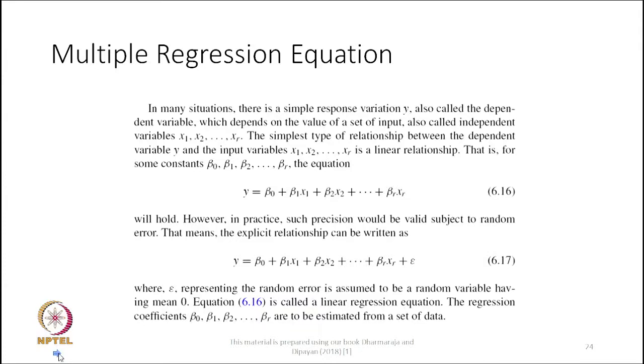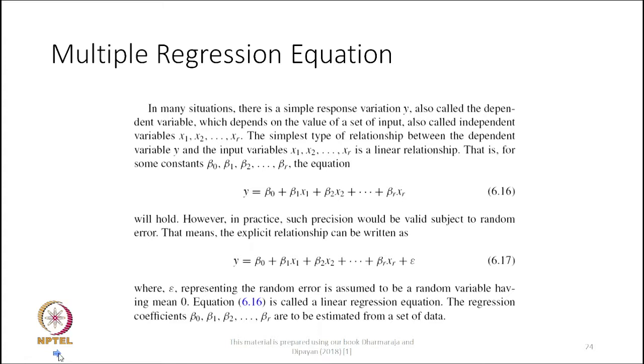Now, we discuss the multiple regression equation. In many situations, there is a single response variable y, also called the dependent variable, which depends on the values of a set of inputs called independent variables x1, x2 and so on till xr. That means we have one dependent variable y, whereas r independent variables.